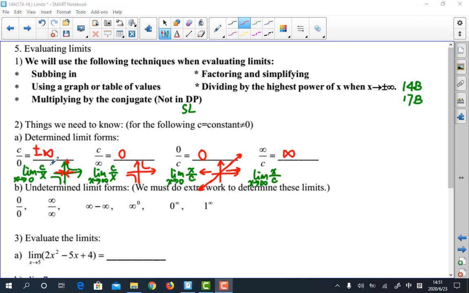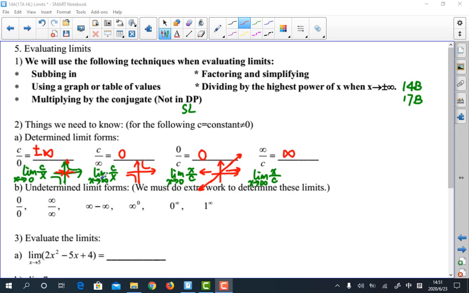Okay, I tried to use the easiest looking function to help you understand all those determined limit forms. Later on, the x in each function also can be replaced with a more complicated looking function. As long as the entire denominator is approaching 0, c divided by the denominator, this entire fraction can approach positive or negative infinity.